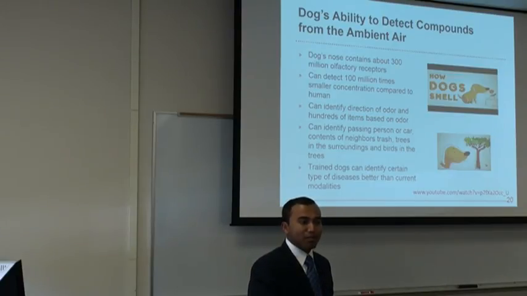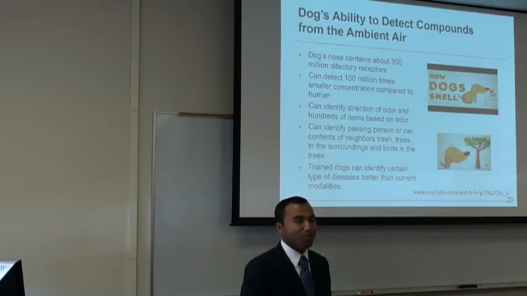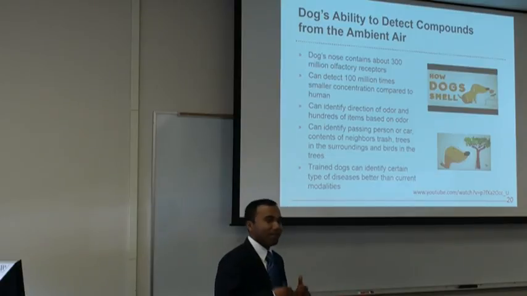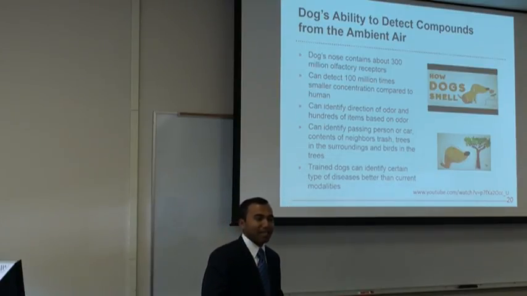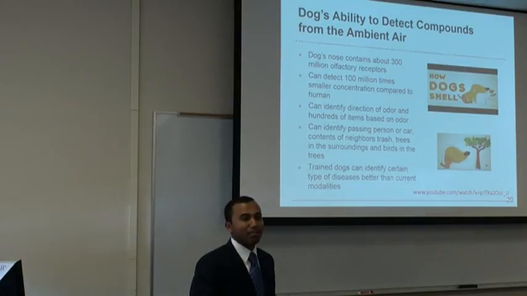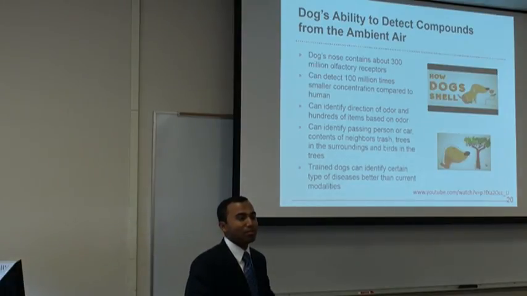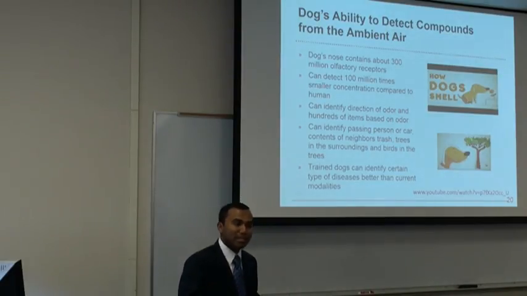Dogs can detect a lot of things, and the reason is that their noses are very sensitive. They have more than 300 million olfactory receptors that pick up these smell molecules, and they can detect close to 100 million times lower concentrations than we can detect ourselves.